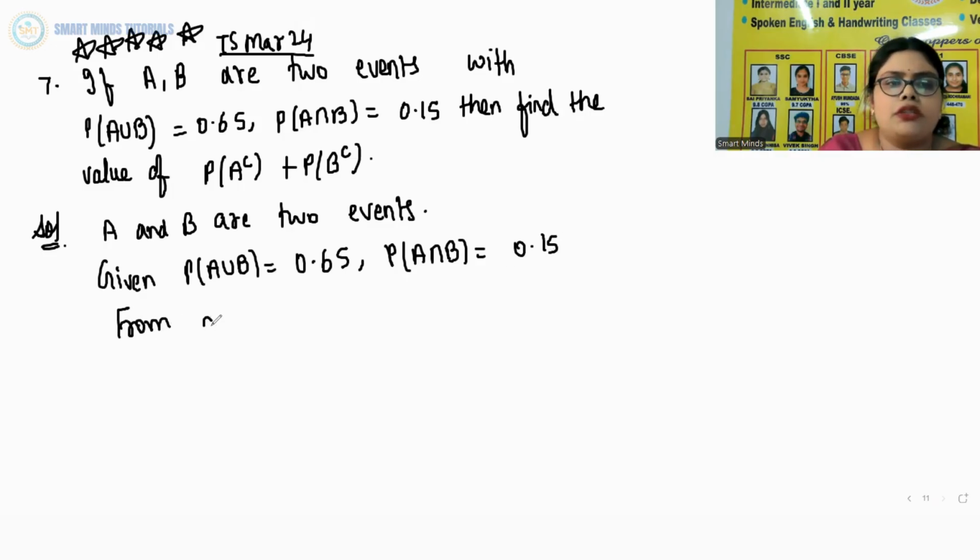Now from addition theorem of probability, what is addition theorem of probability?